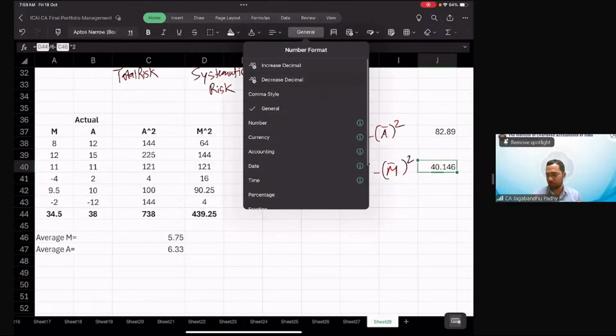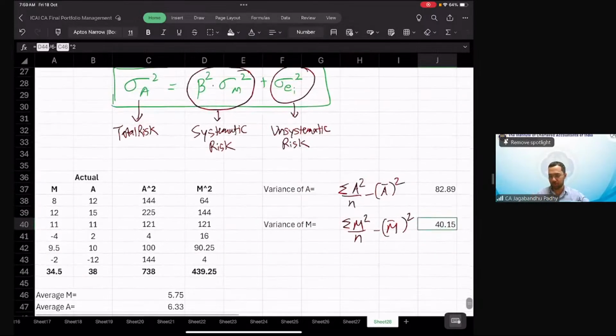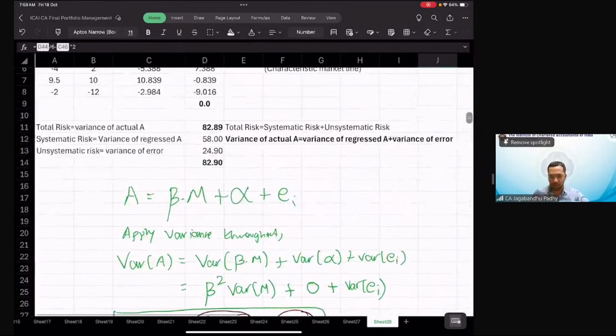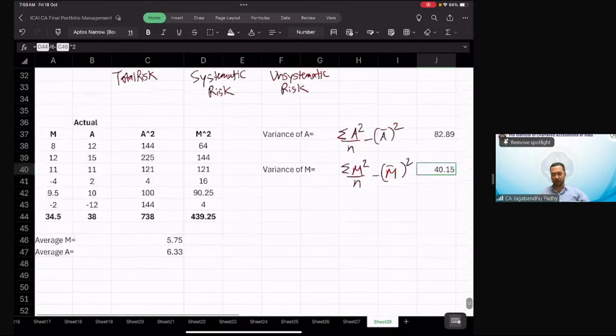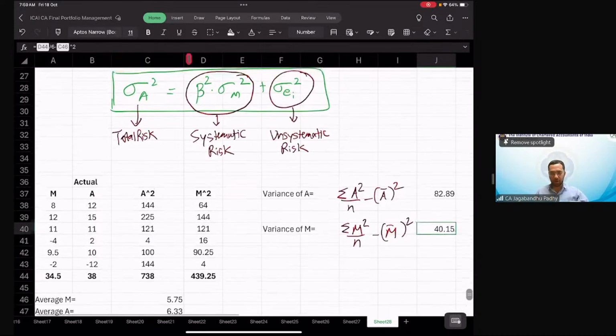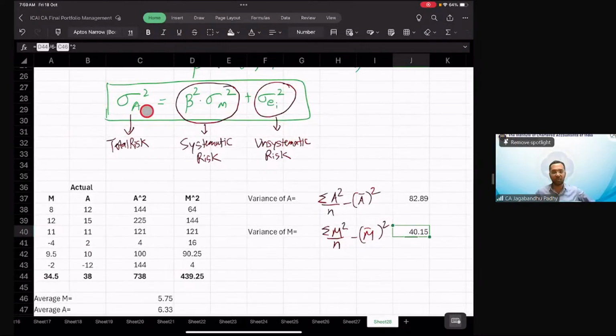The variance of market is 40.15. So we got the variance of A and the variance of market. Now we are ready to implement the Sharpe single index model, where the total risk is this 82.89.